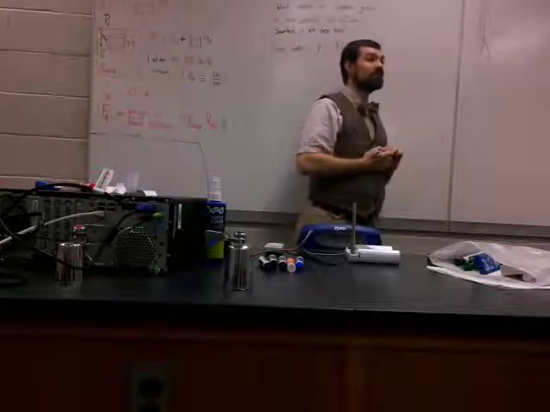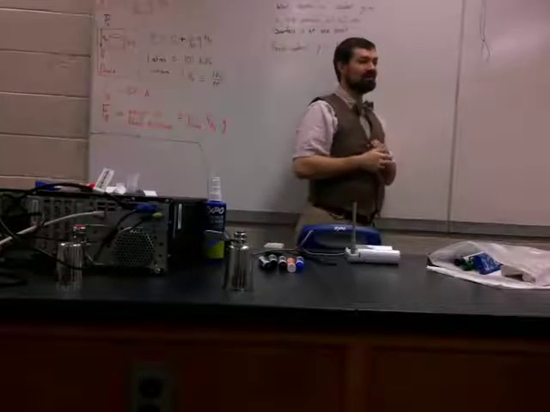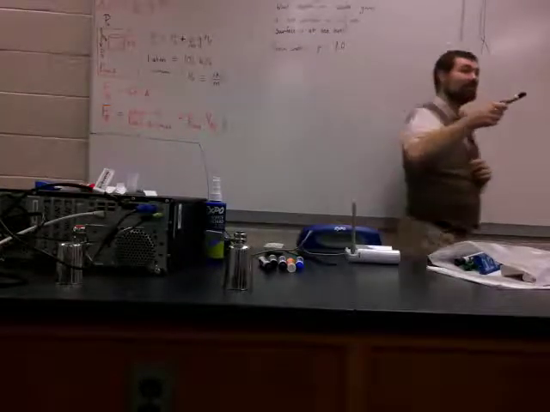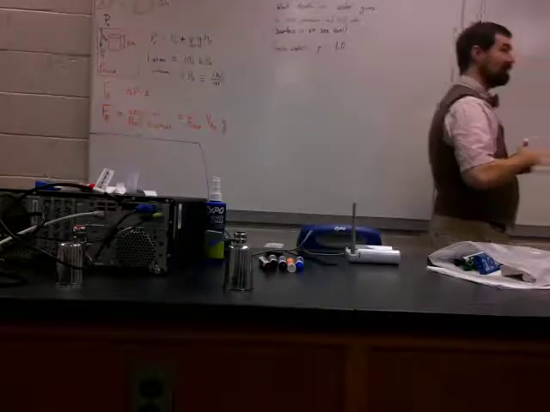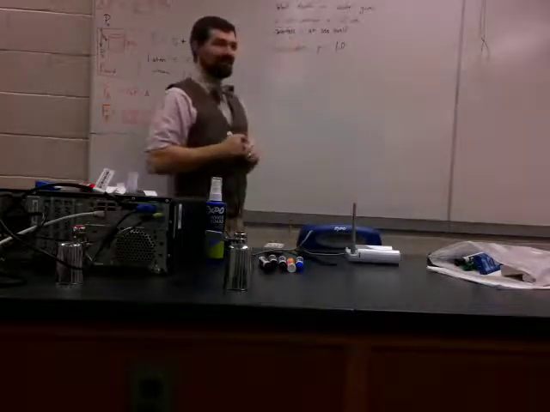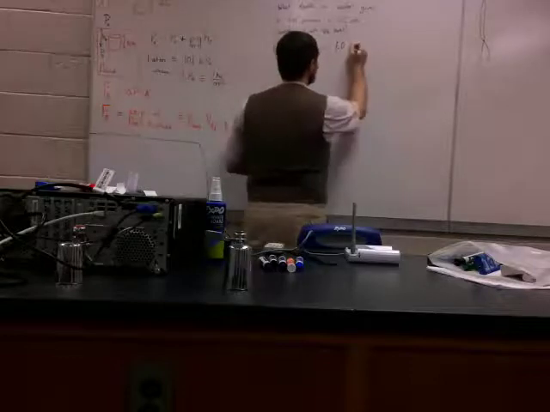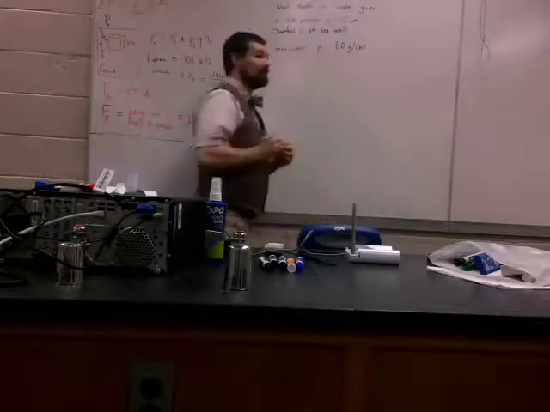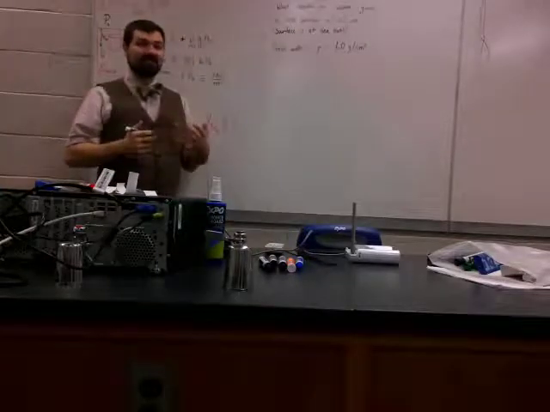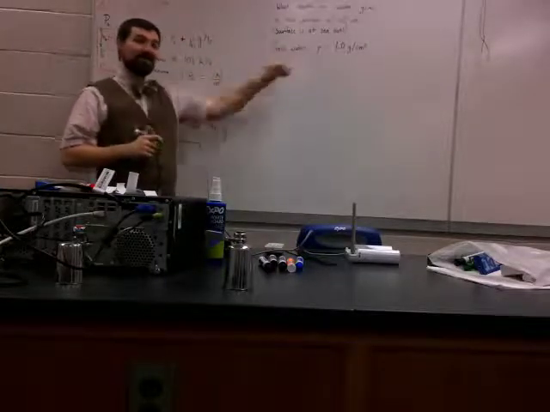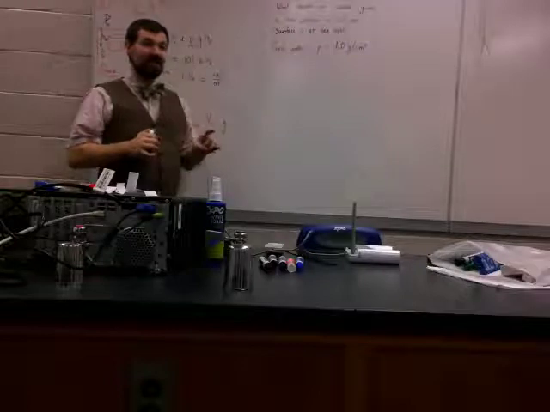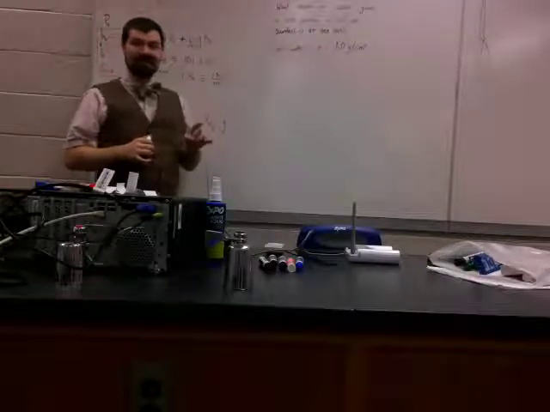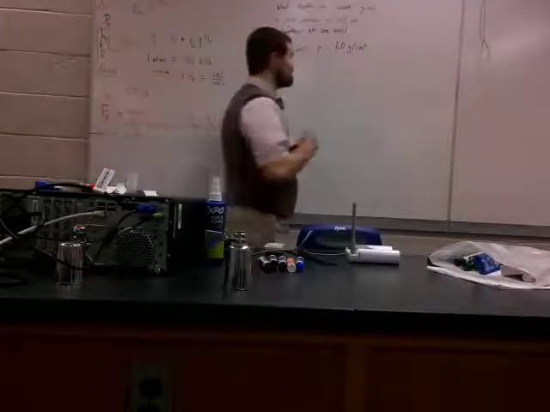Did you say it? Oh, you said it. Gram per centimeter cube. Yeah, I was looking down when whoever it was said it. All right, good work. It is. It's grams per centimeter cubed. Now here's the thing though, we don't actually want it in grams per centimeter cubed. So this is correct, but it's not how we want it to be. We want it to be in kilograms per meter cubed.